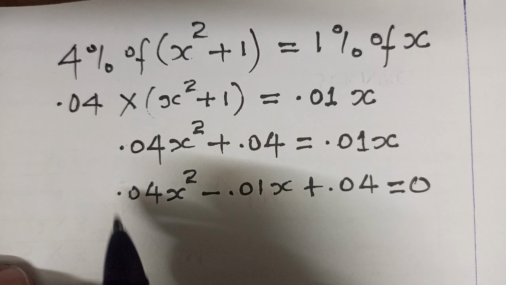And so therefore, this is now our equation. For us guys to complete the square, we need to divide by 4. We'll divide this term by 4 and also this term by 4.